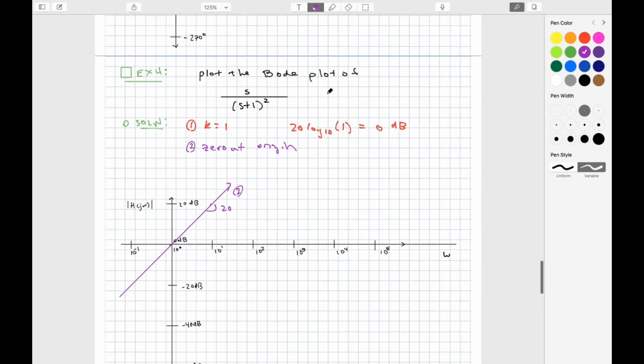And then I have a second order pole, and this second order pole has an omega n, which is equal to 1. So omega n equals 1. That means starting at 10 to the 0, or 1, I'm going to go down at negative 40 dB per decade. So let's draw that in.